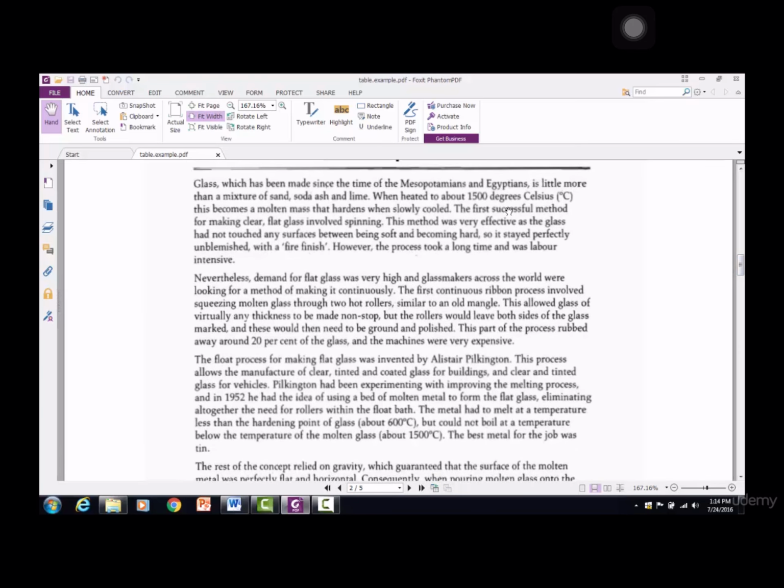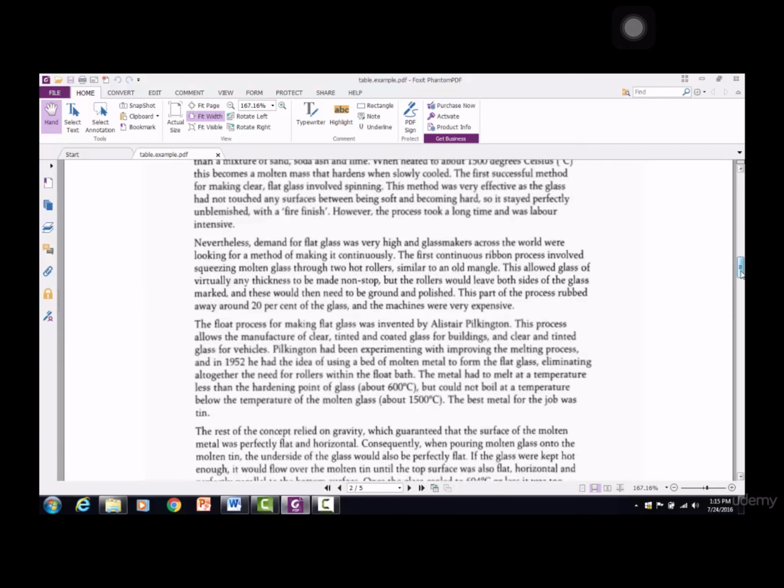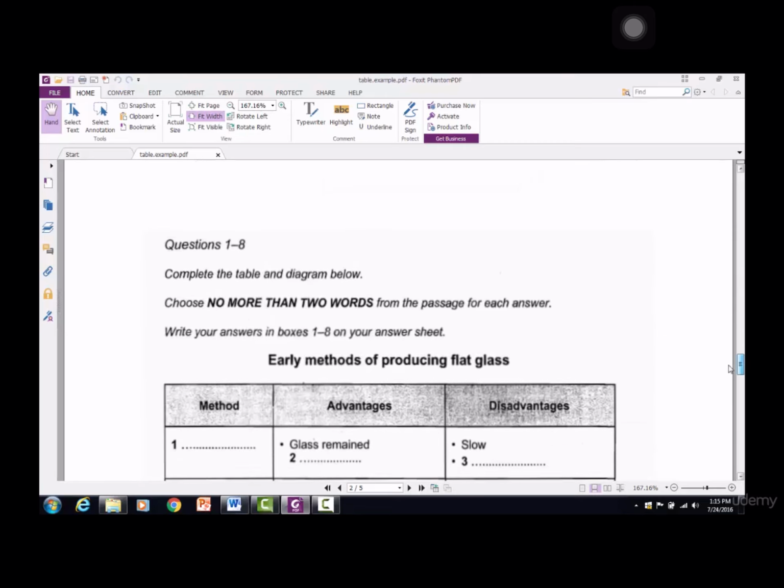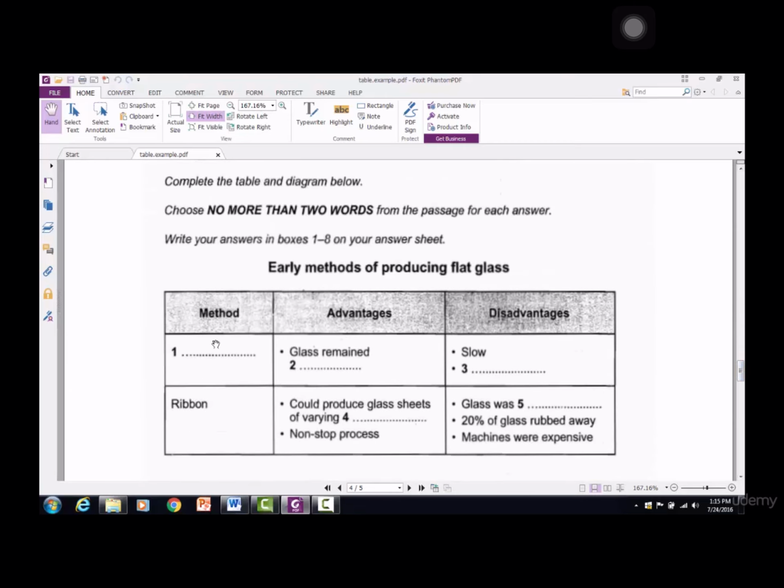Well, as we're scanning, we actually see number 1 right here. It says the first successful method for making clear flat glass involves spinning. Okay. So that's actually our answer for number 1 right here, the spinning method. Right? That's the first method. The first method is spinning. Early methods of producing flat glass. First method is spinning. Okay.